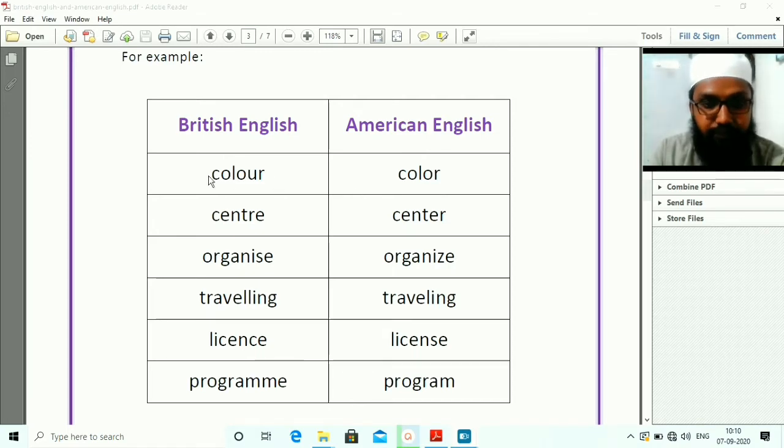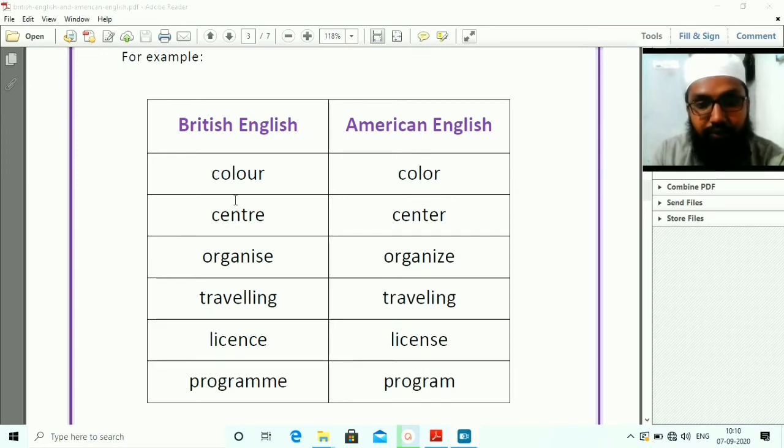Here you can see in British English we write COLOUR, whereas in American English we write COLOR, but the pronunciation is the same.